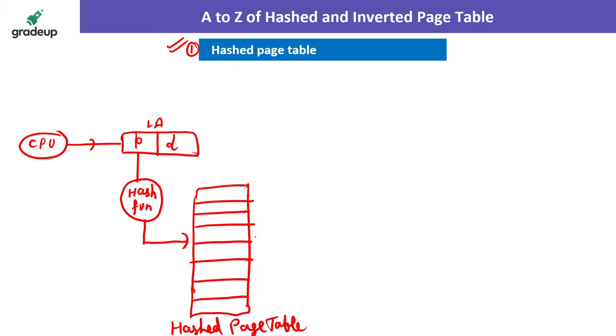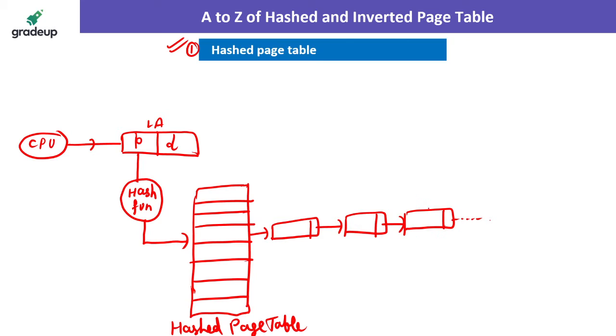Now I will take one value from here and map it. Suppose I got some value; it may be possible that I use chaining. If I'm using chaining, then this will be a different one. For example, if I get something here that is not matching, I will go to the next node, not matching, then I will go to the next node, and so on.